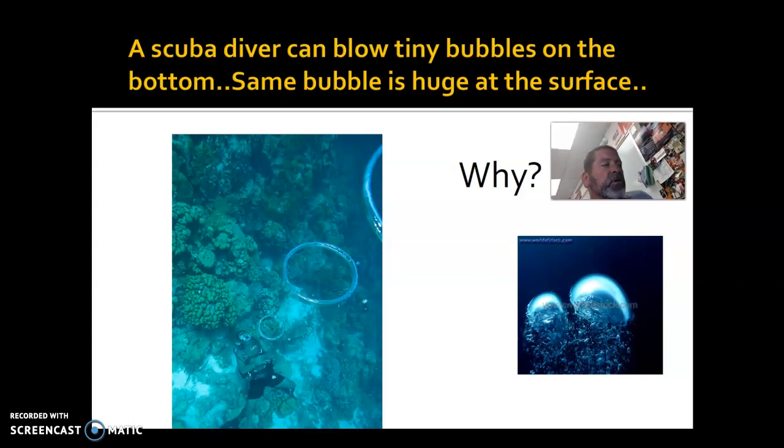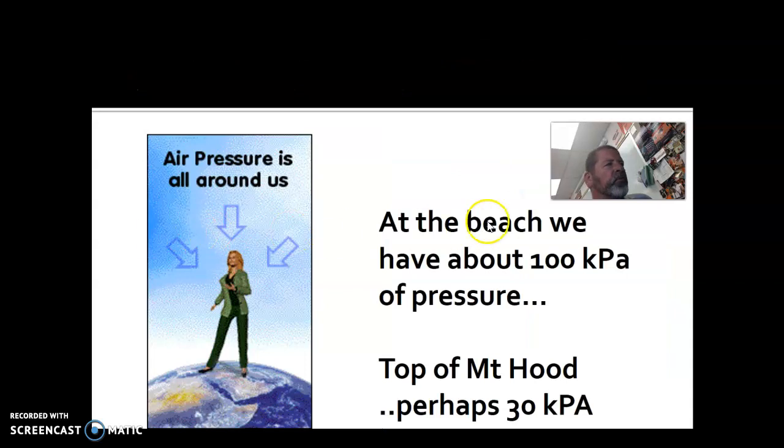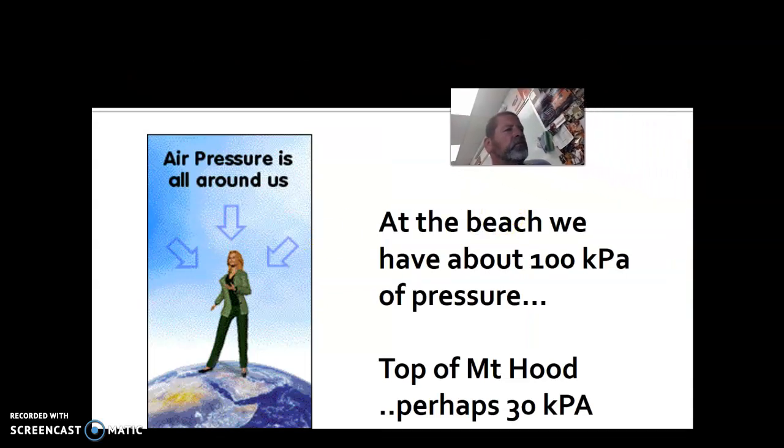The bubbles that the scuba diver blows way, way down there are going to be tiny, but they get bigger and bigger and bigger. Right? So you have 100 kilopascals of pressure on top of you at the beach, and at Mount Hood you have 30 kilopascals of pressure.